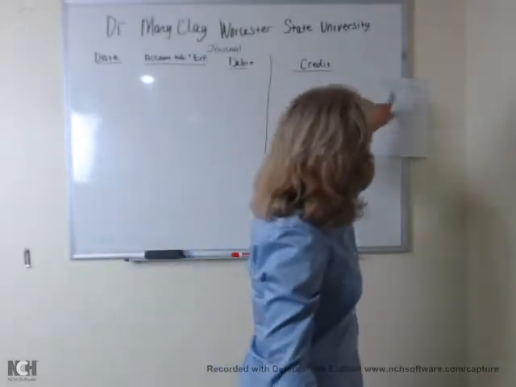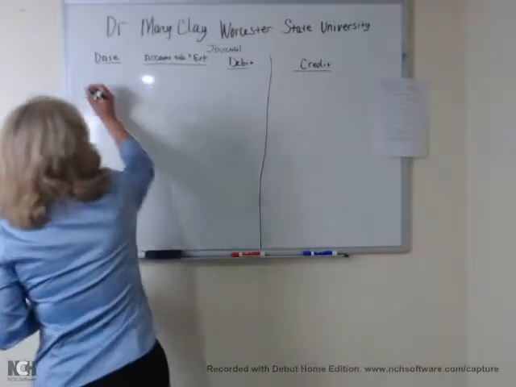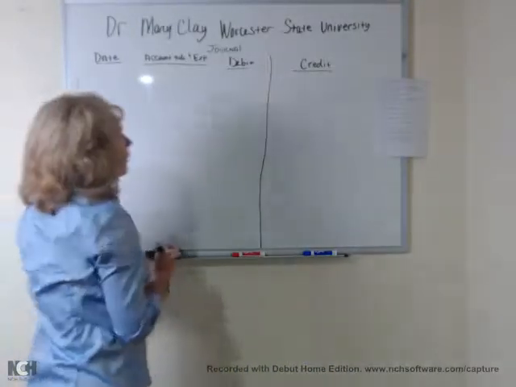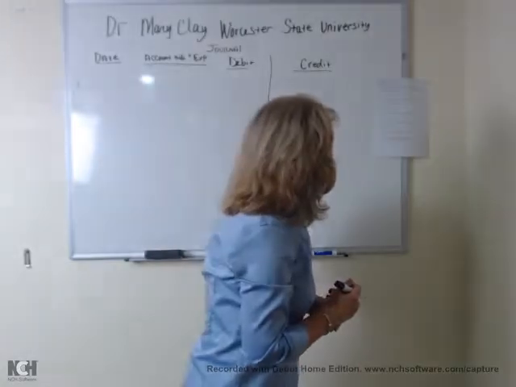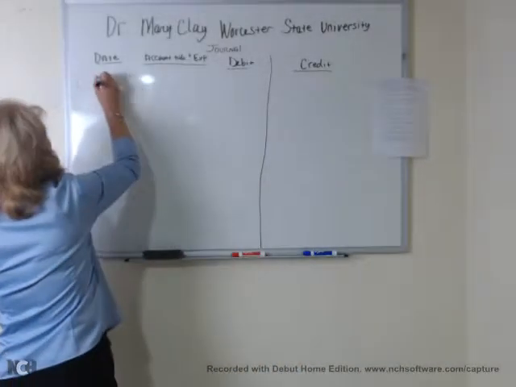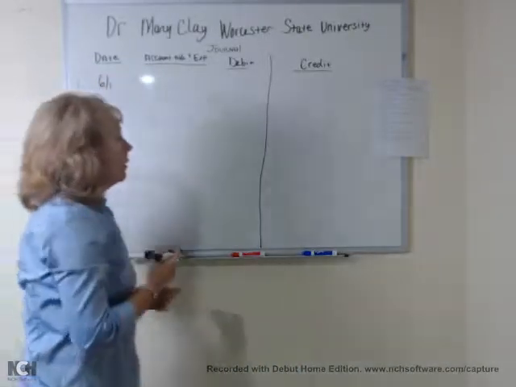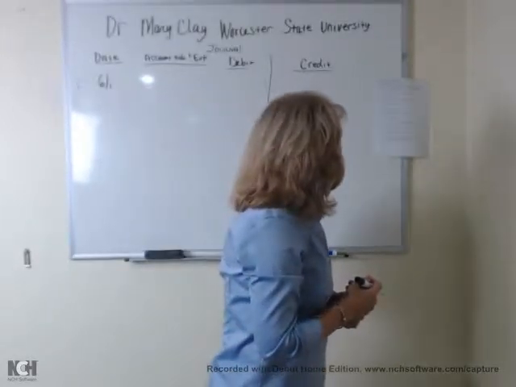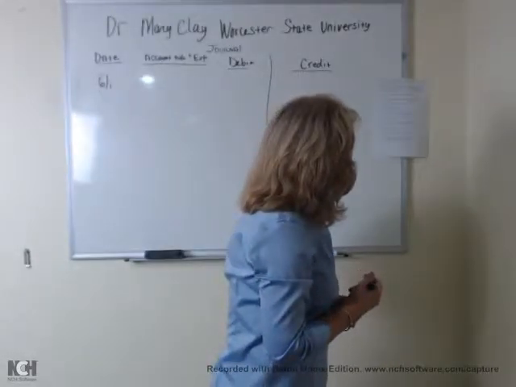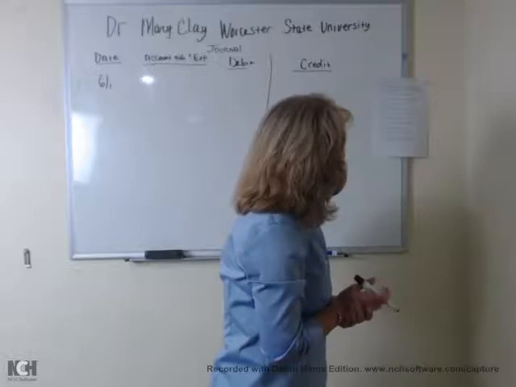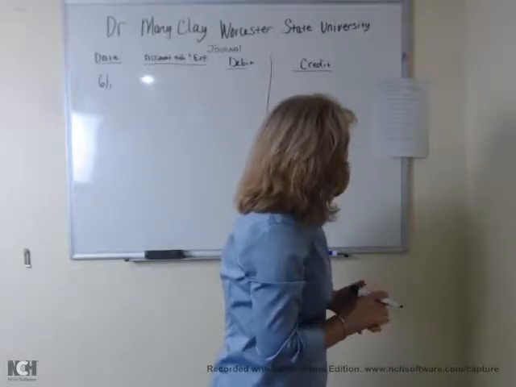All right, so the first transaction, and I'm going to list it by numbers, is number 1. So number 1 on June 1st, so I put the date, 6/1. The name of the company is a computer consulting business called Clay Consultants.